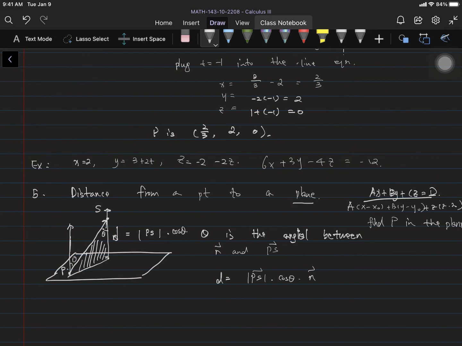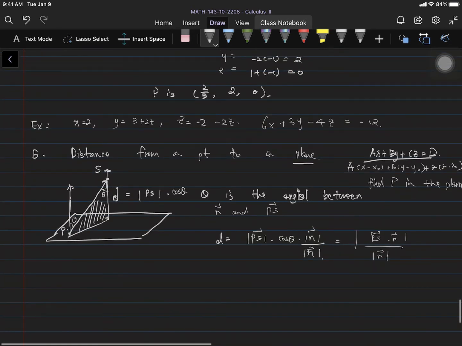The dot product has cosine, and divide by the length of n. So this equals PS dot n vector, divided by the length of n. That's all. This is the formula for the distance from a point to a plane.